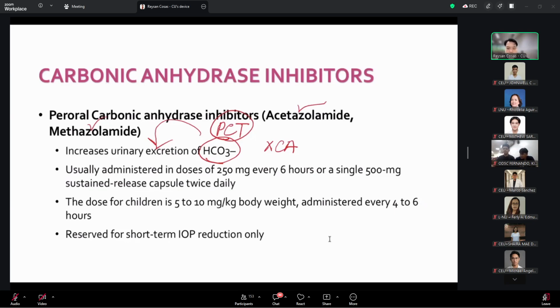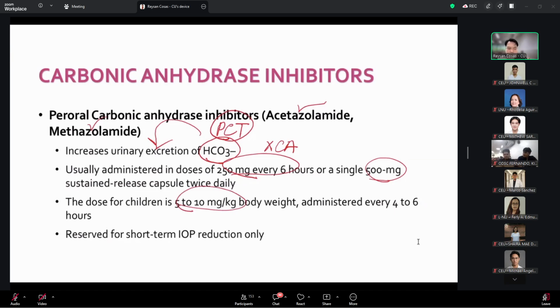So, si acetazolamide, this is typically administered in a dose of 250 milligrams every 6 hours, or a single 500 milligram capsule twice daily. Okay? For children naman, it's 5 to 10 milligram per kilogram body weight every 4 to 6 hours. Okay?